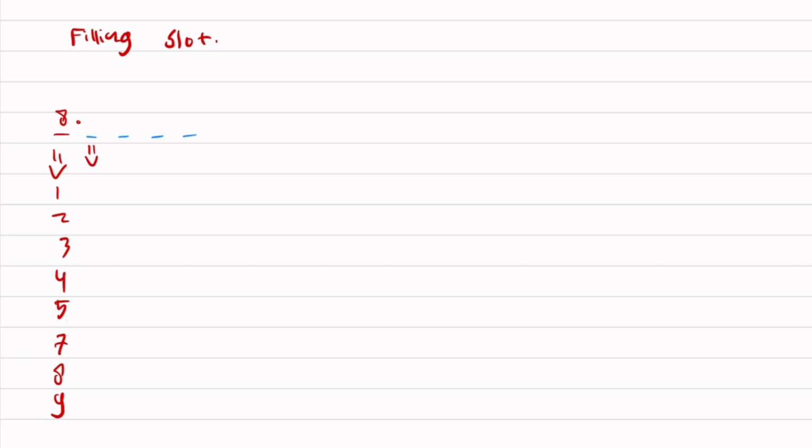For this one, 0 is now allowed, but still we exclude 6, so we'll have 9 possibilities, the same with this one and the same with this one. It doesn't matter if there's 0 right over here because it's allowed.